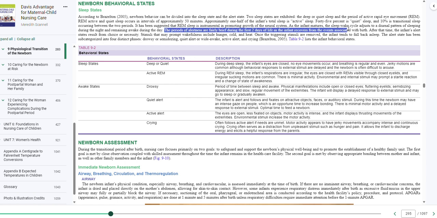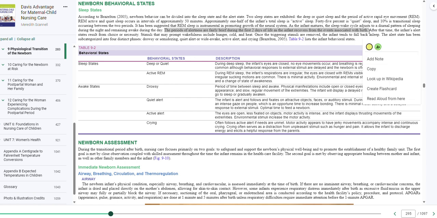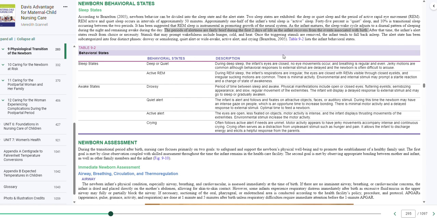This is a wink and a lollipop, okay? So the periods of alertness are fairly brief during the first 2 days of life as the infant recovers from events associated with birth, okay? So they are barely awake those first couple of days. Educate your parents on that this is a normal thing for babies, okay?